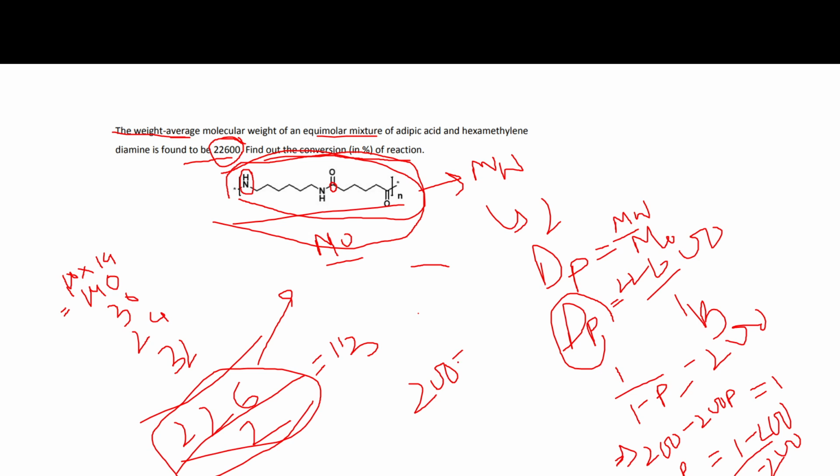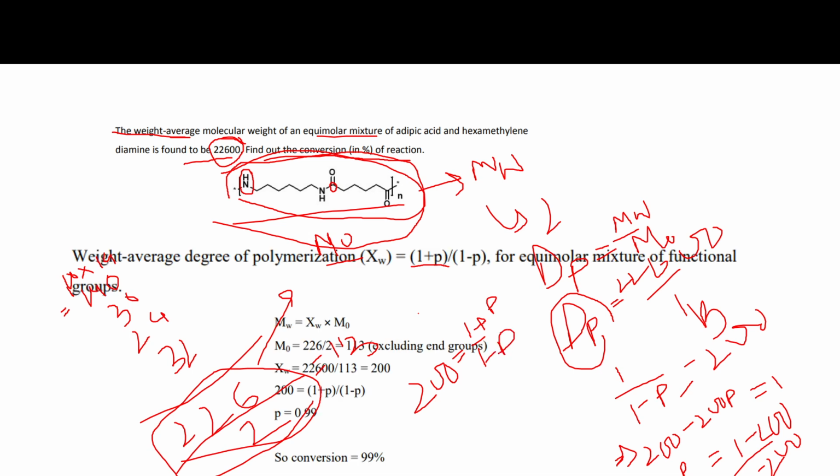So now we have to put 1 plus p by 1 minus p, and we can calculate that p value. If you calculate this one, it will be coming around 99%.